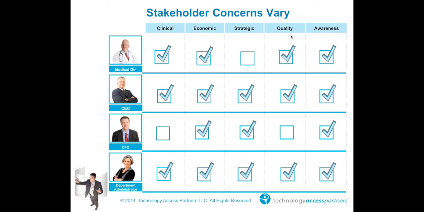If you look at the CEO across the board, the CFO, I would probably put, if I could, a small check mark in clinical for them, but definitely economic, strategic. And when we talk about quality and awareness, the concept there is we want to be communicating value propositions that relate to the quality of our company, quality of our product. For instance, we have fewer recalls or no recalls. The awareness is things that you want someone to know about your company, about your product.